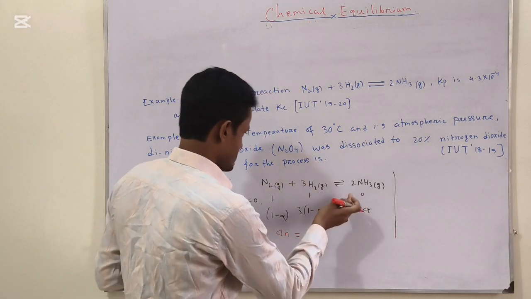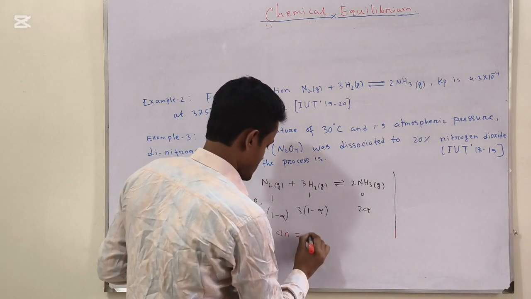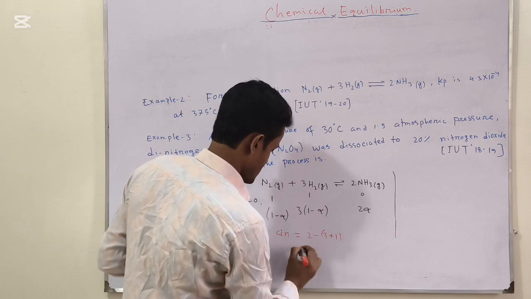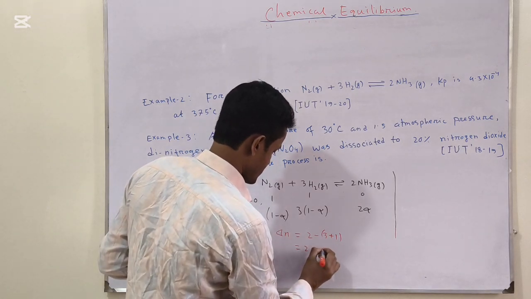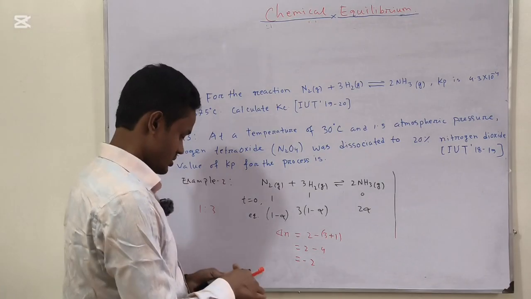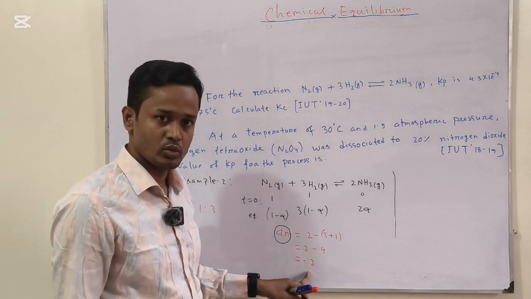So product minus reactant: 2 minus 3 plus 1, 2 minus 4 equal to minus 2. Delta n value is minus 2.